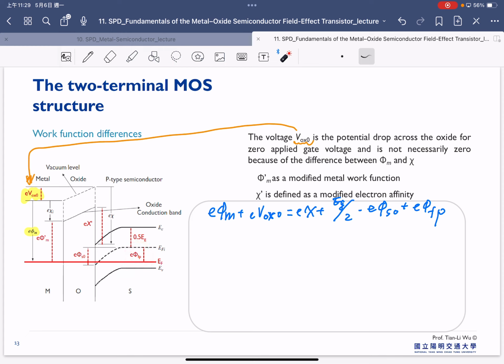So that will lead to the same amount, equal to these terms here.